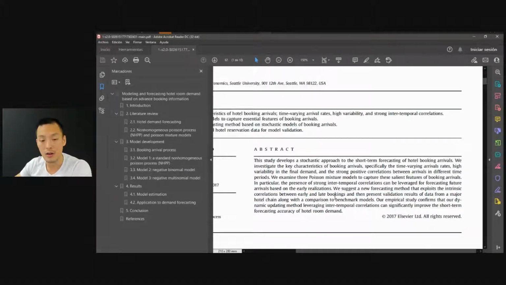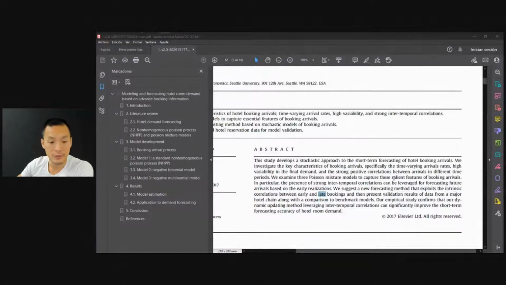So at this point, you go, oh, the intertemporal correlation is basically the correlation between the early and the late bookings, right? So early bookings are people who will book hotel way in advance, like months in advance. And late bookings are people who will book hotel maybe like a day or two in advance, right?